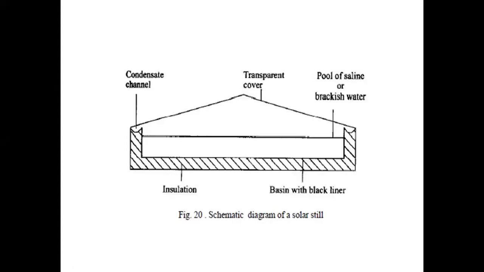Now, this is the schematic diagram of the solar still. Solar still impounds water in this area, and this upper line can be the water level line or the pool level line.